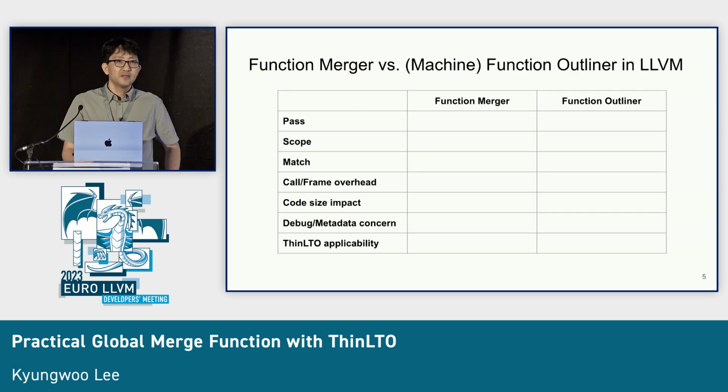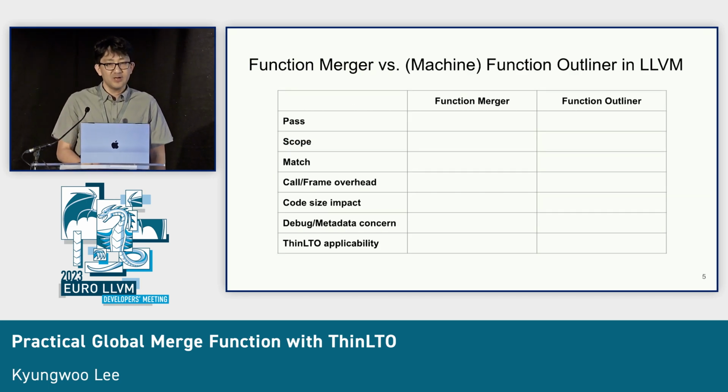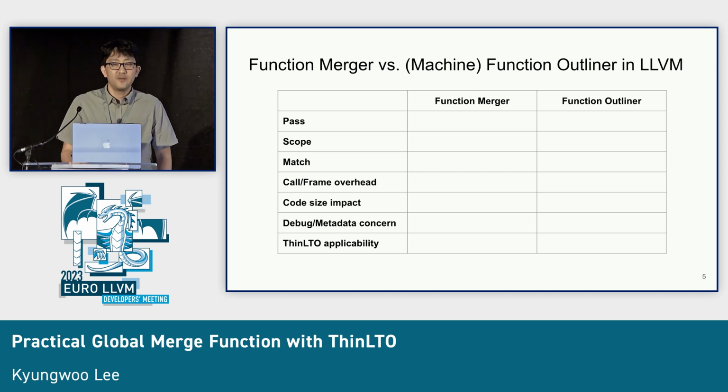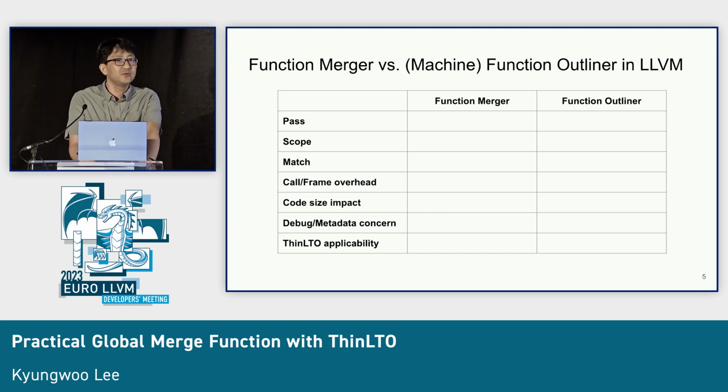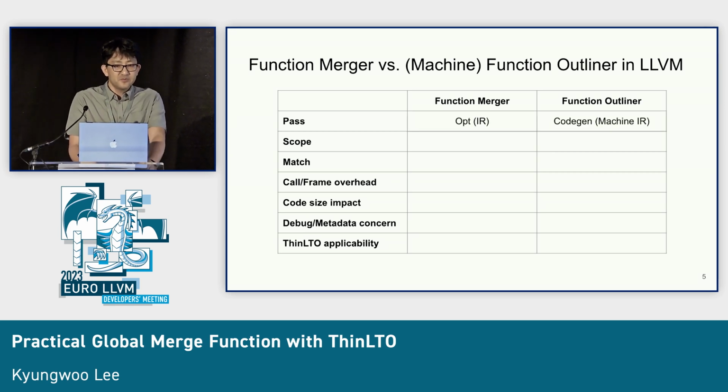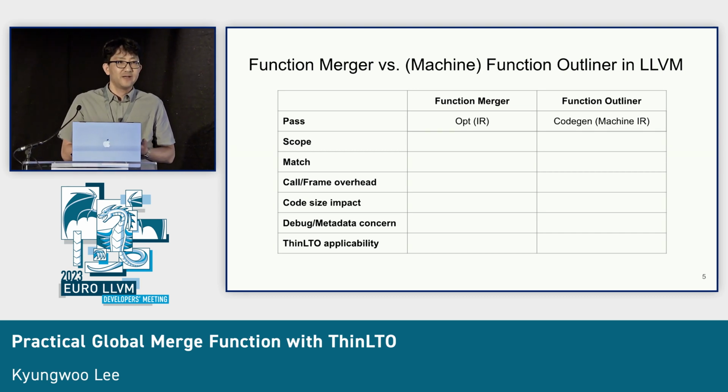So the function merger and function outliner may appear very similar. However, they are actually distinct from each other. They can complement each other's operations. So let me compare these two in the following context. The function merger operates at the IR level, while the function outliner operates at the machine IR level.